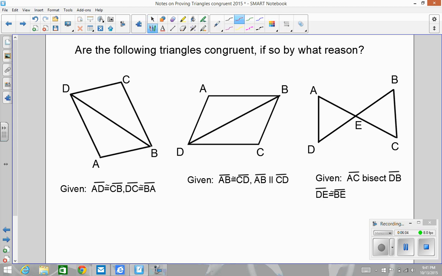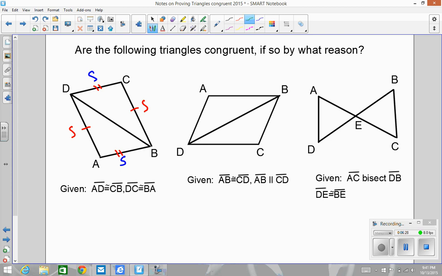Okay, if I go in here, it has AD is congruent to CB, and DC is congruent to BA. And so that's this side, which corresponds to this side, which corresponds to the other side. I'll try to use different colors here. And so I've got two corresponding sides. There are another two pieces of information.